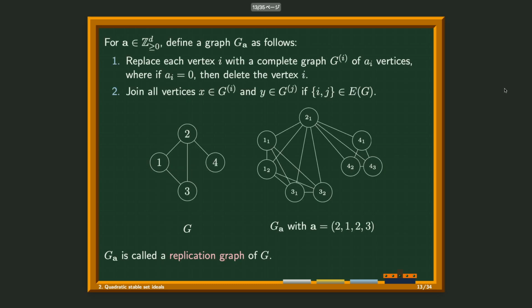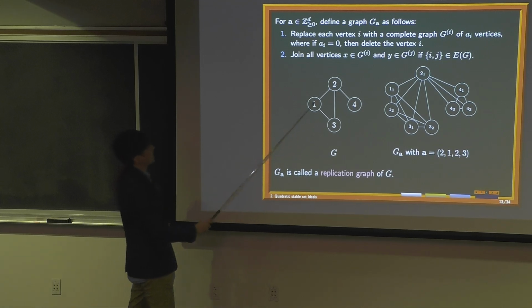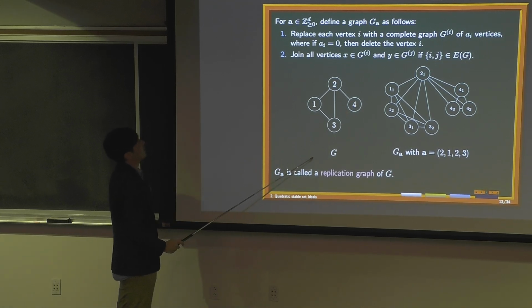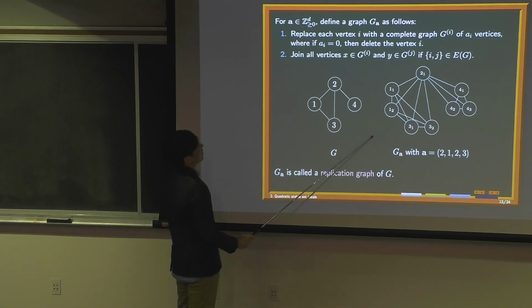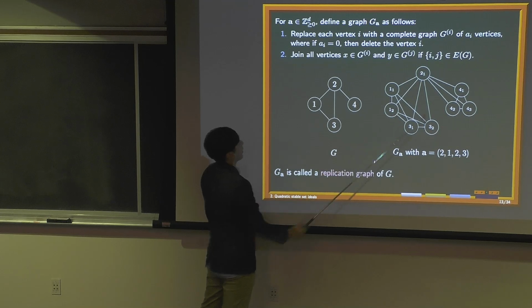So for this, I want to define another graph. For a non-negative integer vector a of length d, where d is the number of vertices, we define the graph G_a as follows. This is the original graph G, and we give the vector (2, 1, 2, 3). Then for each vertex, we replace it with a complete graph of a_i vertices.